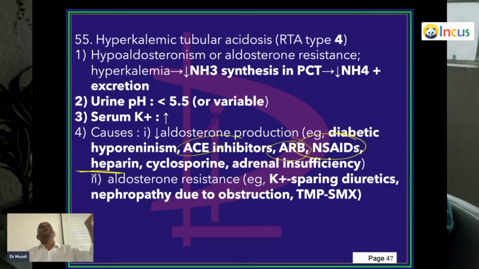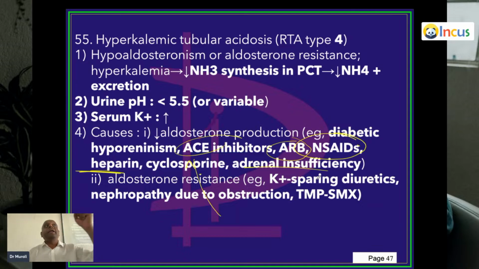Similarly, cyclosporin, which is used for renal transplant patients as an immunosuppressive, is also type 4. Similarly, adrenal insufficiency like Addison's disease. What will happen in adrenal insufficiency? There are no glucocorticoids, there are no mineralocorticoids also. That means there is no aldosterone. Any low aldosterone state can lead to type 4 RTA.